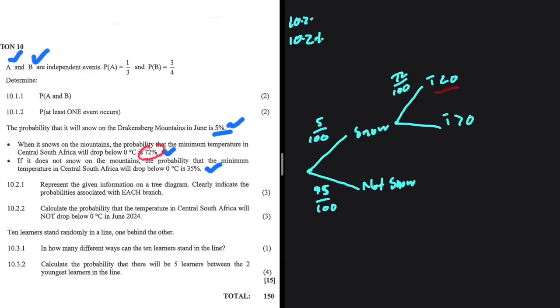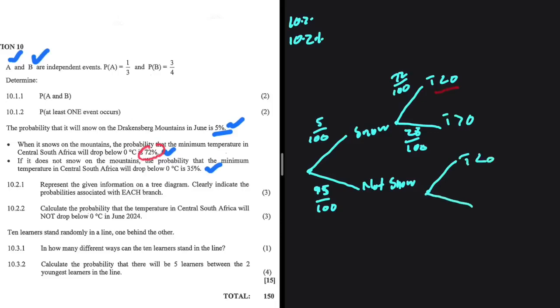Okay, and then if the probability that it will snow and the temperature being less than 0 is 72%, then the probability that it snows and the temperature be greater than 0 will be 100 minus 72, which is 28. So we have 28 divided by 100 being the probability that it will snow and the temperature will be greater than 0. Right, let's move on to not snow and figure out what we have here.